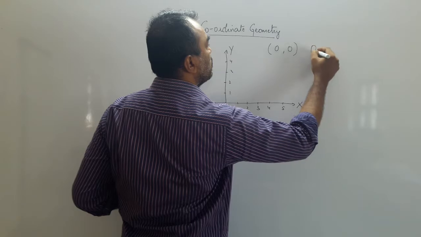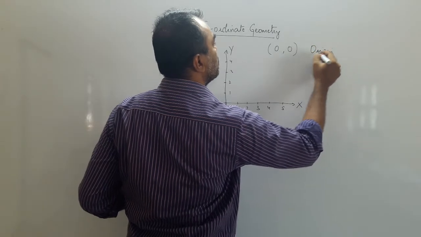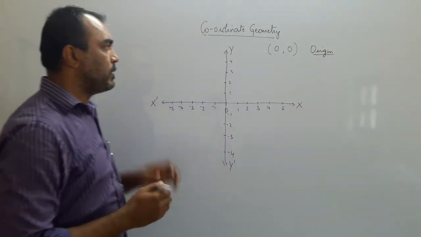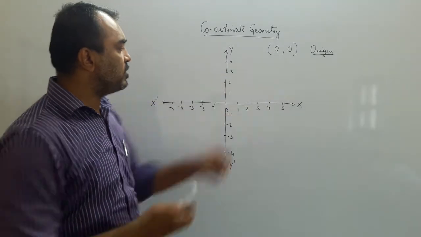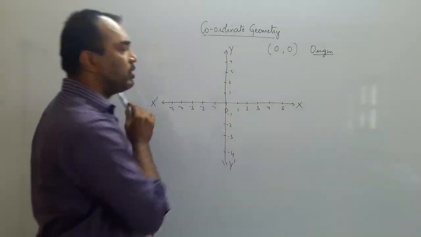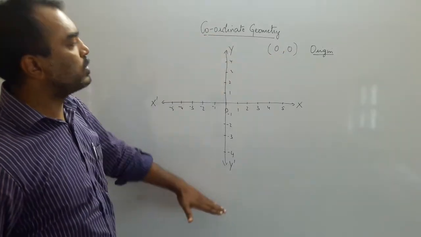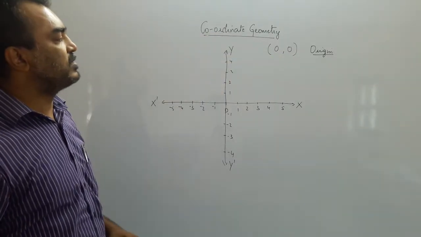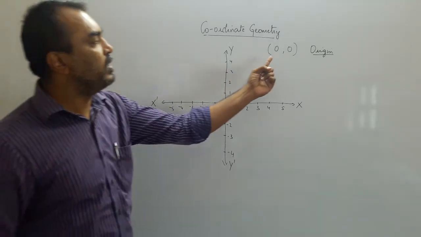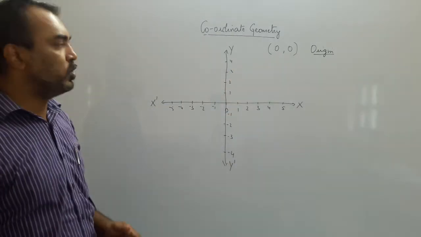So 0, 0 is the origin. What does the origin tell us? This 0 tells us neither to the right, nor to the left. This 0 tells us neither to the top, nor to the bottom. It is exactly in the center. So this coordinate 0, 0 is called the origin.